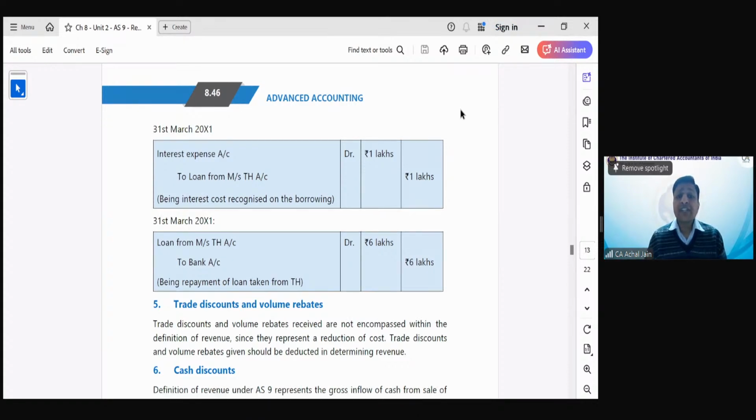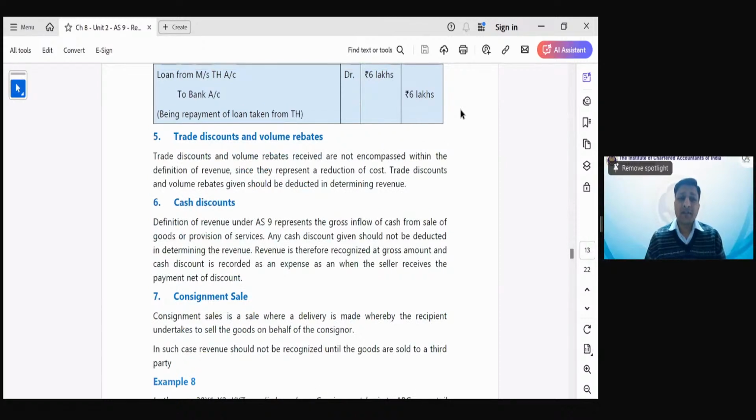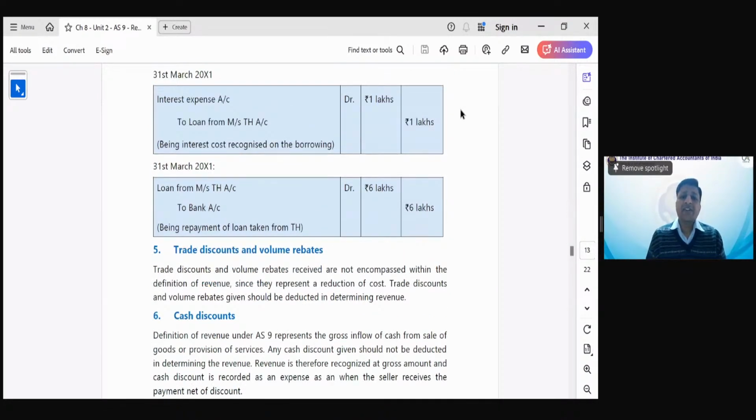But at times, cash discounts are given. What do you mean by cash discount? Say, for example, today you have sold goods worth rupees 100 to a party, and as per the agreed terms, you will receive the money after 3 months. So there's a credit period of 3 months.